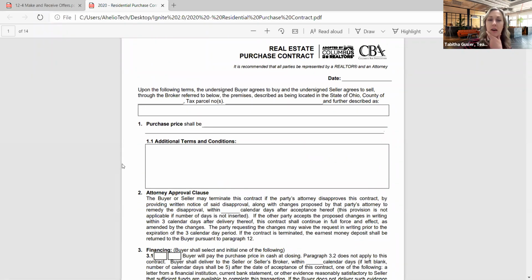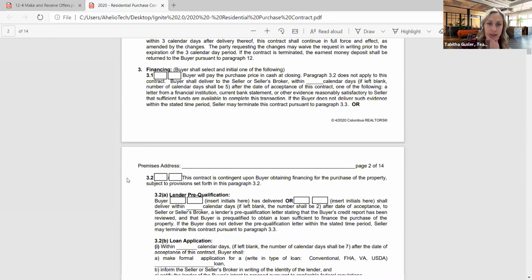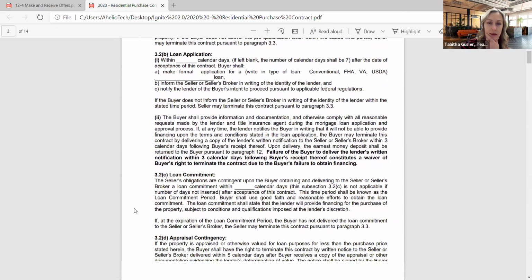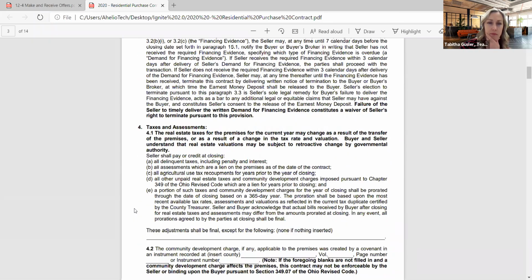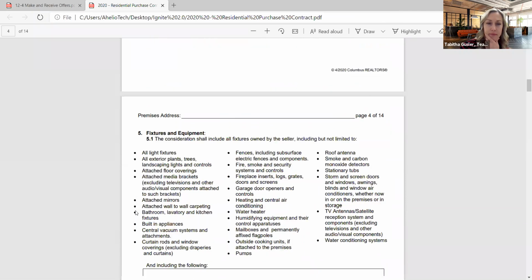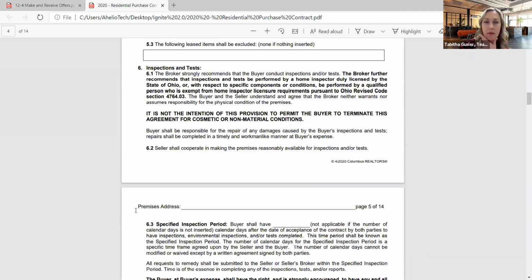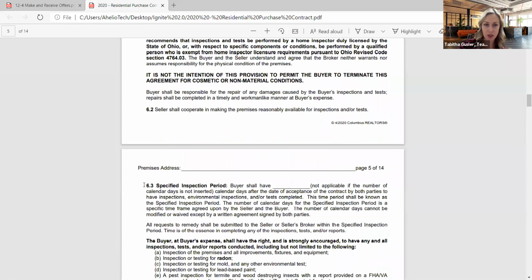So on the purchase contract let's get down there. In section 6, inspections and tests, right? What we're going to do is we're going to identify two very specific periods of time. We're going to identify the first period of time, which is here in 6.3, specified inspection period.